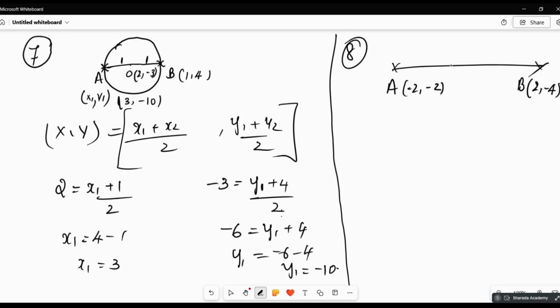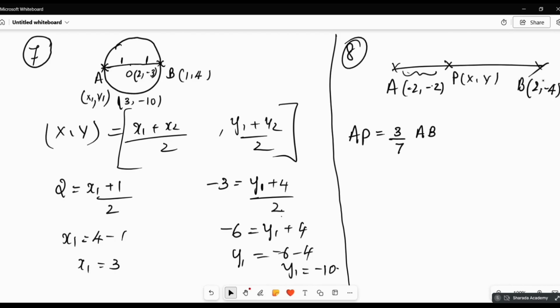Find the coordinates of P, P of X comma Y, such that AP is equal to 3 by 7 AB and P lies on the line segment AB. They have given the ratio: AP is equal to 3 by 7 of AB.